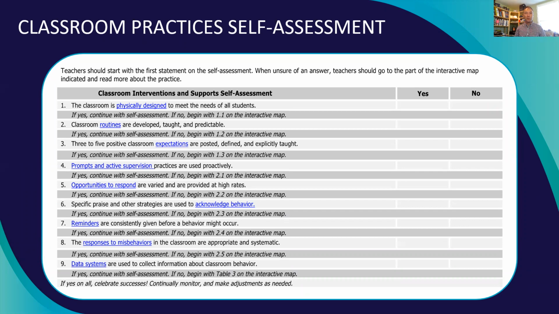If they're unsure of the practice, what it might look like, the self-assessment actually provides hyperlinks to pages within the document describing what that particular practice looks like at the primary and secondary levels. You can provide this assessment to individual teachers to have them self-assess their own practices. This can be handy for coaching, consultation, and supervision. The self-assessment can also be provided to groups of teachers to identify school-wide needs and potential targets for professional development and coaching.